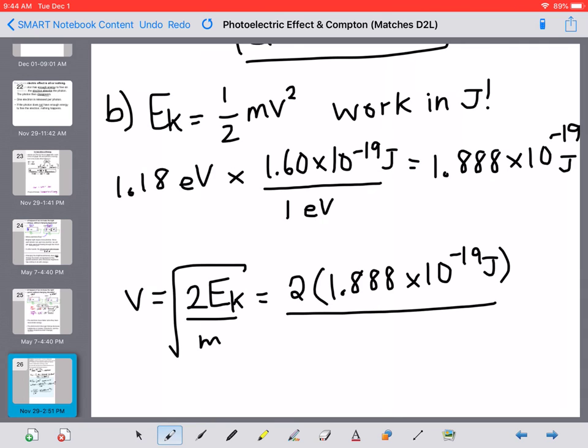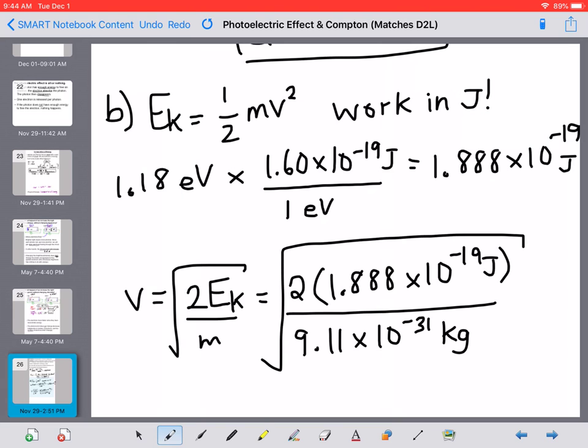Here, this is the kinetic energy of an electron, so it's the mass of an electron, which you can find on your formula sheet. The speed here is going to be a rather large number, so we'll write it in scientific notation. For my answer to 3 significant digits, I get 6.44 times 10 to the power of 5.